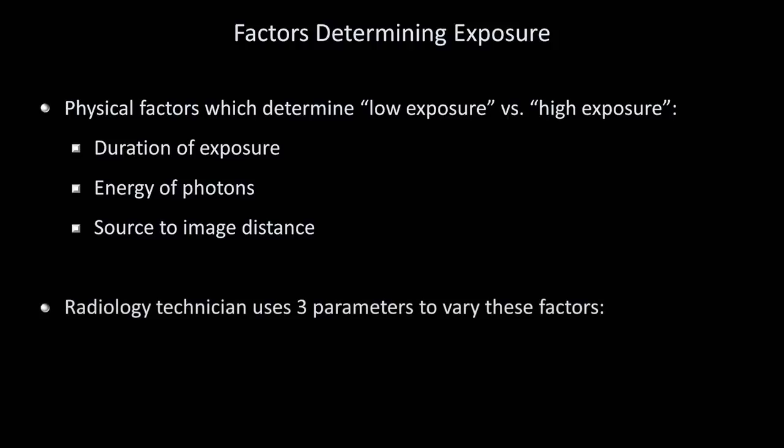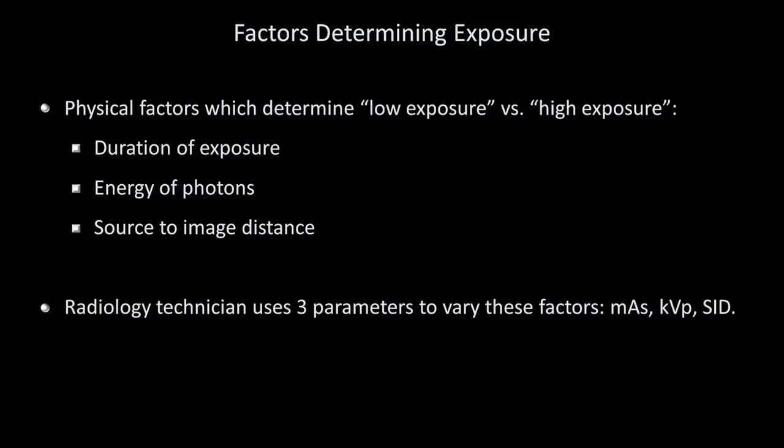The radiology technician alters these factors using three parameters at the time of image acquisition: milliamp seconds, abbreviated MAS, which controls the total quantity of photons produced; kilovolt peak, abbreviated kVp, which indirectly controls the energy of the photons produced; and the source to image distance, abbreviated SID, which controls the fraction of produced photons which actually strike the film.